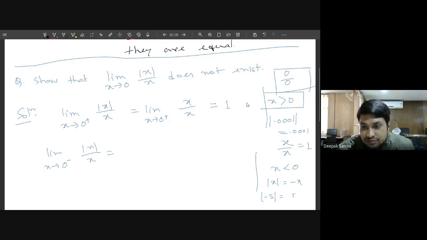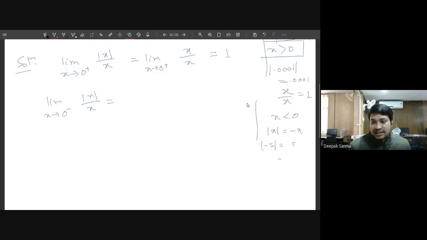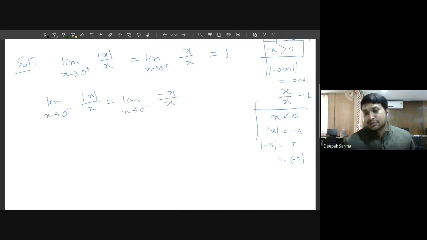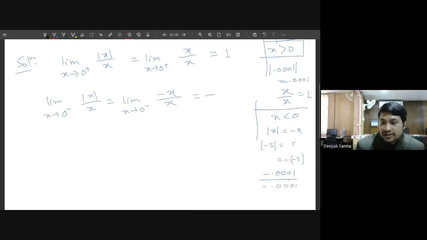So if x is negative, mod x is minus x. Now again x is not 0, x is a negative number. A negative number divided by the same negative number is 1, but I have a minus sign here.